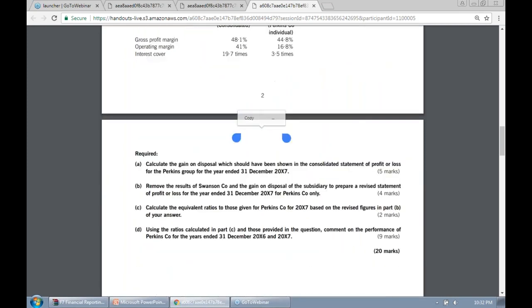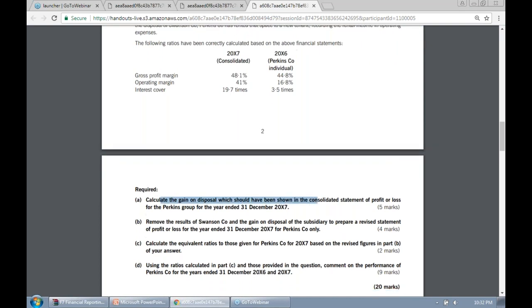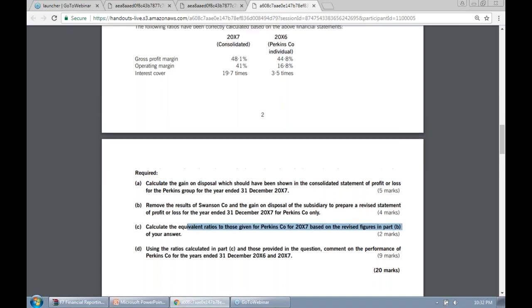Again, you can see the examiner wants you to calculate the gain on disposal with the formula that we have discussed in slide 1. Remove the dissolved Swans company and the gain on disposal of the subsidiary to prepare the revised statement. So this is again partly related to consolidation, and you are only required to calculate equivalent ratios.